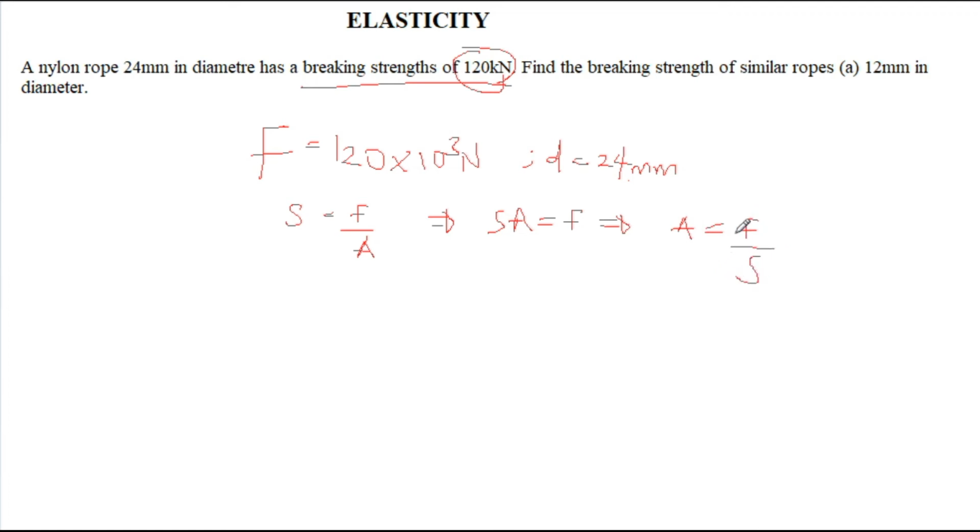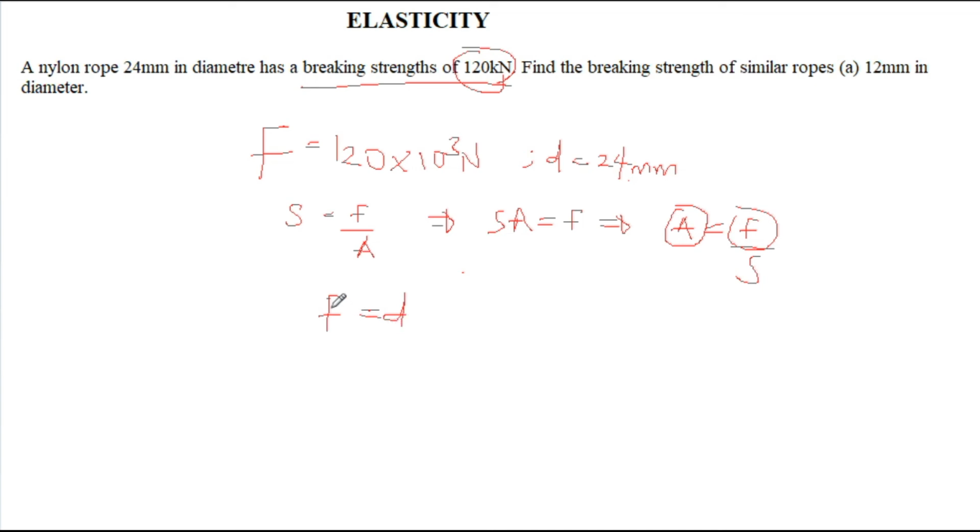In other words, F is proportional to the area, and area can be given as pi d squared over 4. That means diameter is inside area, but diameter is squared inside the area. So the relationship between force and diameter is the square of the diameter.